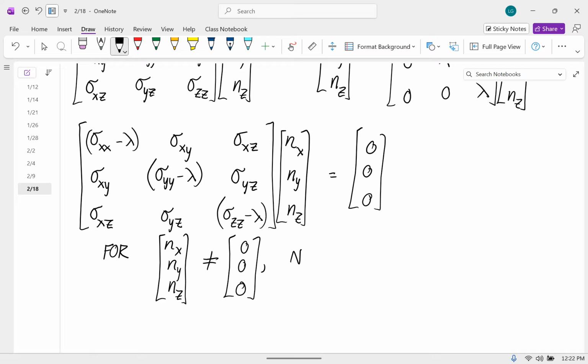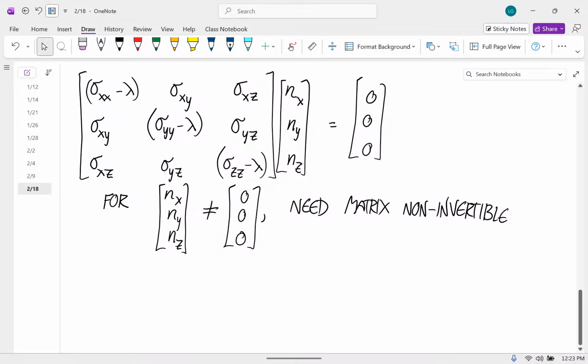So we need this matrix to be non-invertible. And that requires that the determinant is equal to 0.